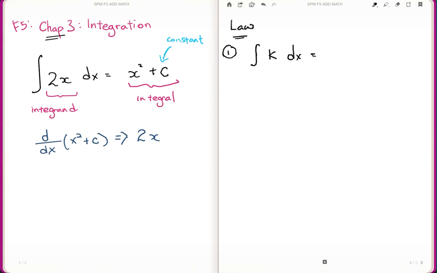Your answer would be quite straightforward because integration is all about adding an x in terms of the power or the index. Here there's no x, x to the power 0, so our result will be k, get an x. It's a 1 here, but you don't need to write it. And you have a constant.